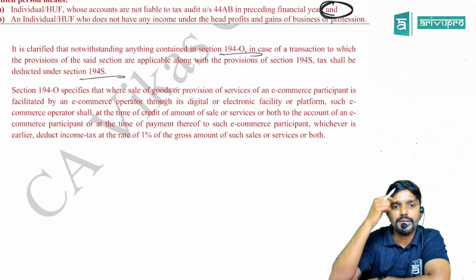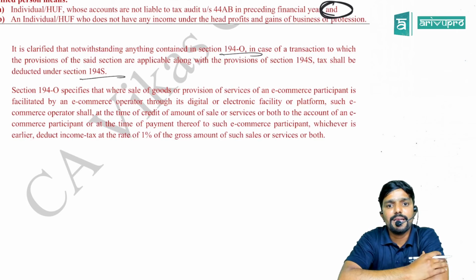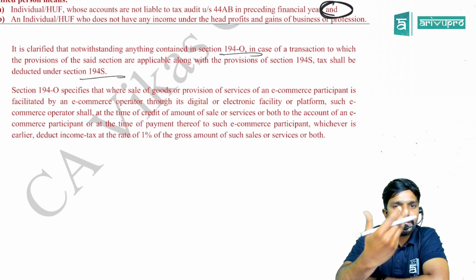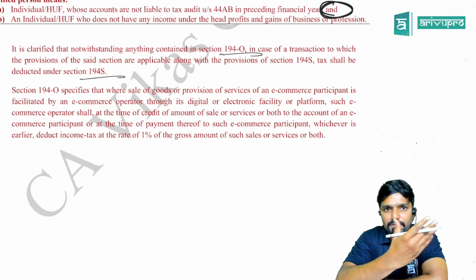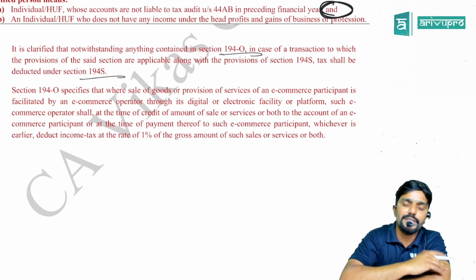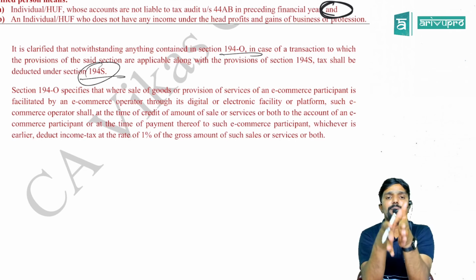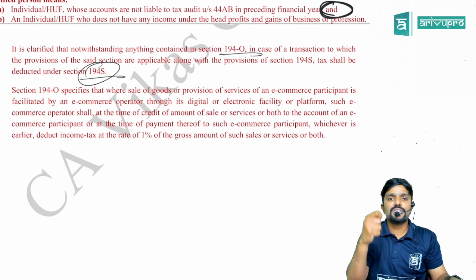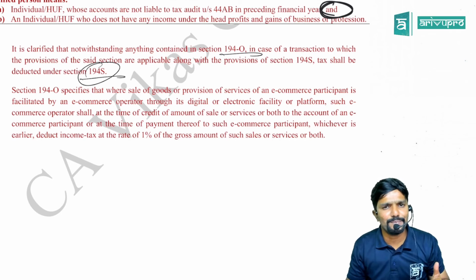It is clarified that notwithstanding anything contained in section 194O, where O means online shopping, online purchase, in case of a transaction to which the provisions of the said section are applicable along with the provisions of 194S, which we just now discussed, tax shall be deducted under section 194S. Means 194S will override 194O, guys. So for the same transaction, because even virtual digital assets you might be buying and selling through an online platform, using any platform.